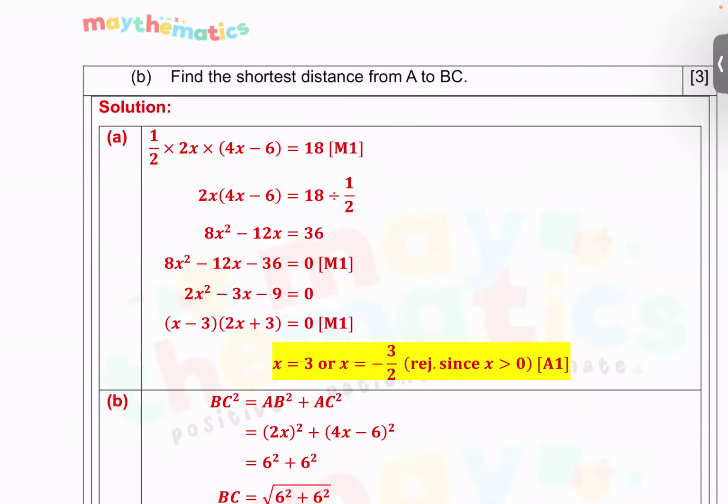Say it again. Wait, which date is it? 13 August. Oh, still got time. Okay. Then which topic?